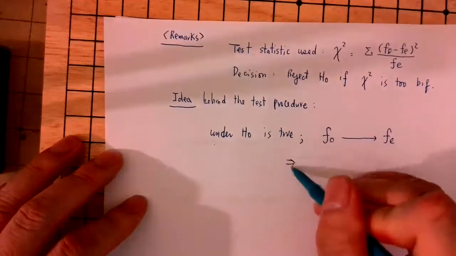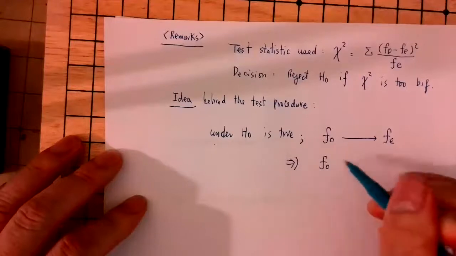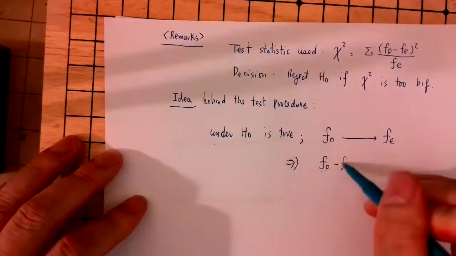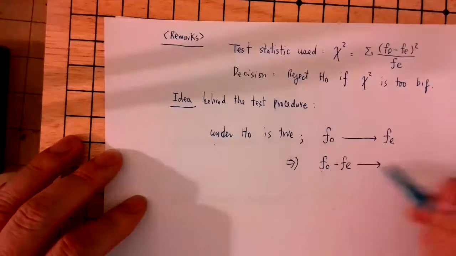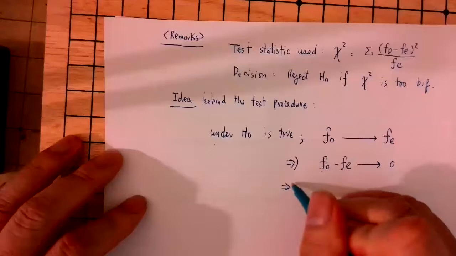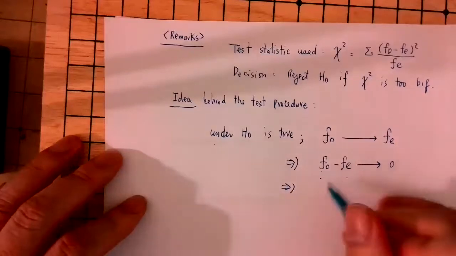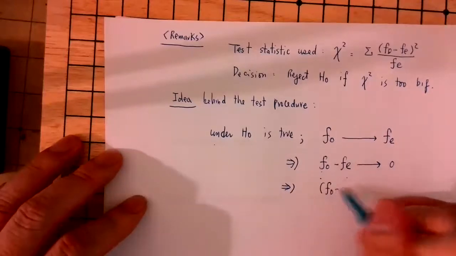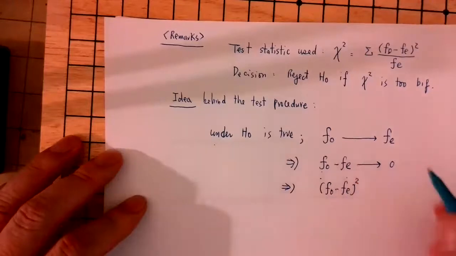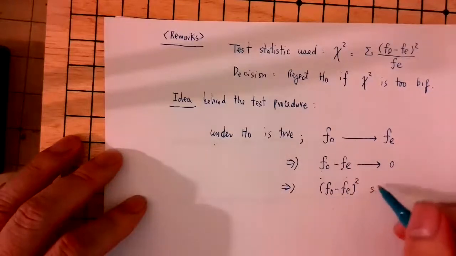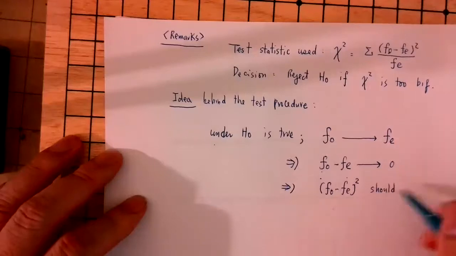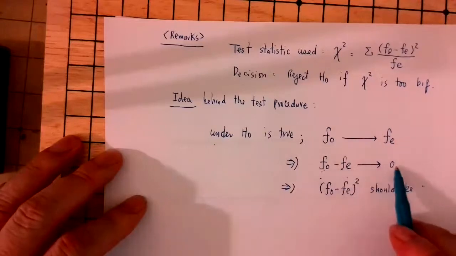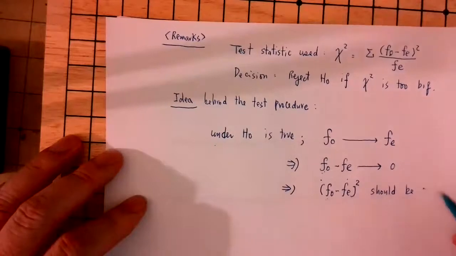That is to say, the difference between what we observe and what we expect should be very small, close to 0. And that further implies FO minus FE squared should be small, since FO minus FE is close to 0. So for a small number, the square should still be small.